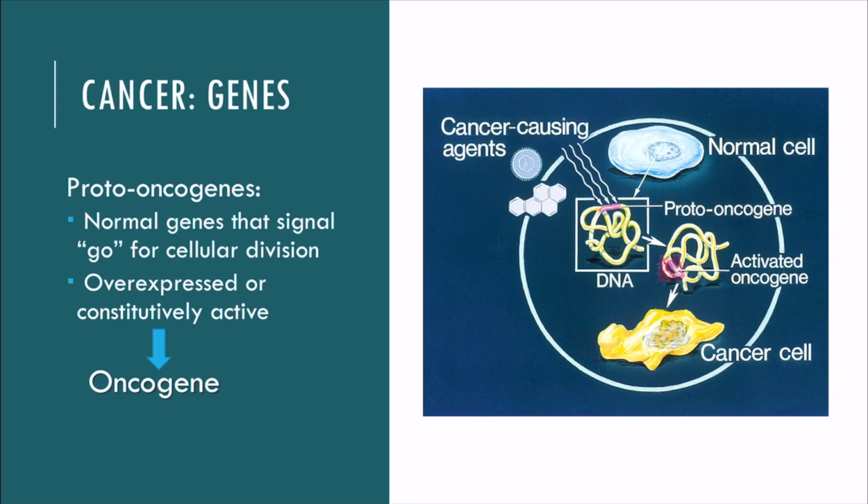Normal things that we have to tell the cell to divide, we don't even need them anymore. It's just go. This is unregulated cell growth. A continually on grow and divide signal is now a cancer cell because it will continue to divide and grow, and there's nothing that will stop it. So that would be the activation of an oncogene.